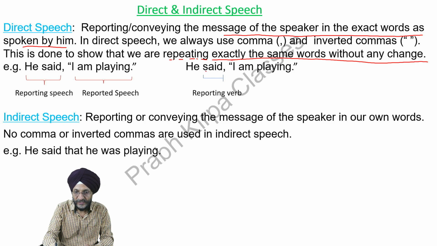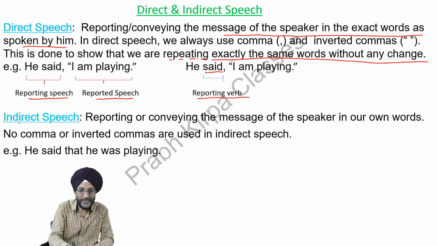You can see that this portion, said, there may also be the word says, say, or will say. This is the reporting verb. You can understand each and every aspect of this topic when you understand what is the reporting speech, what is the reported speech, and what is the reporting verb.